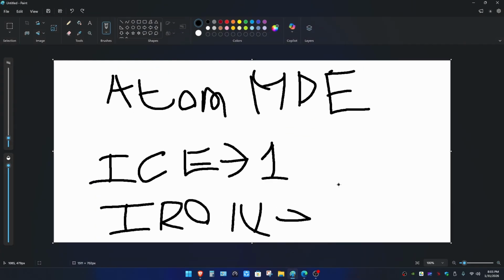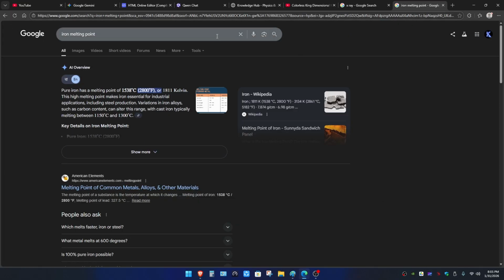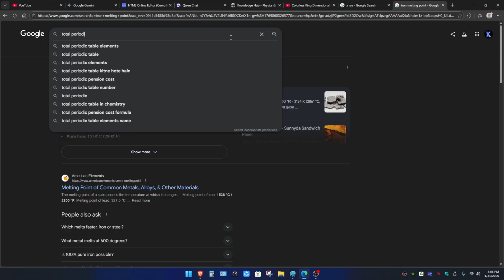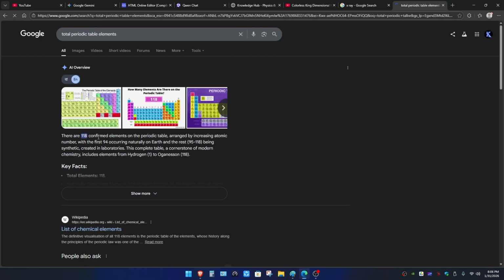It means that in the simulation hypothesis, the creator of the simulation created different atoms, from atom 1 to, let's see, the total periodic table elements, which is 118.